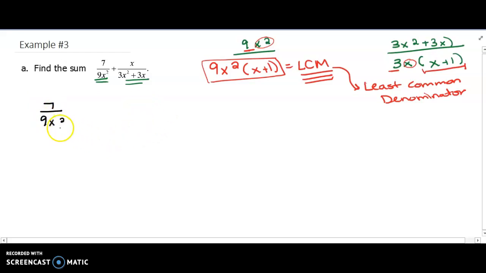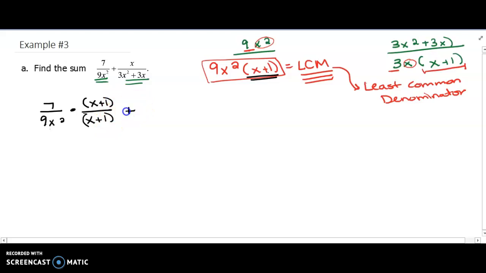Okay, so I'm going to compare the denominator of what I have, the 9x squared, to this one here. Okay, so notice I'm missing the x plus 1. So I'm going to multiply this by x plus 1 over x plus 1. Remember, I can multiply anything by 1, and x plus 1 over x plus 1 is 1.